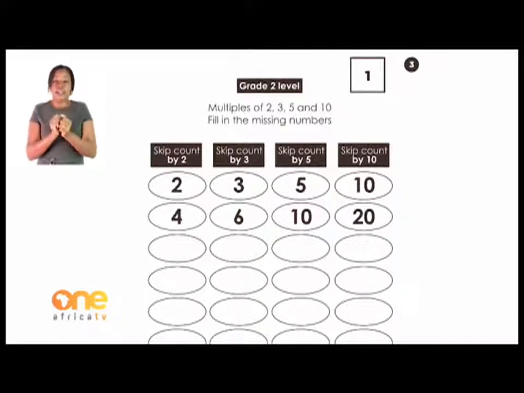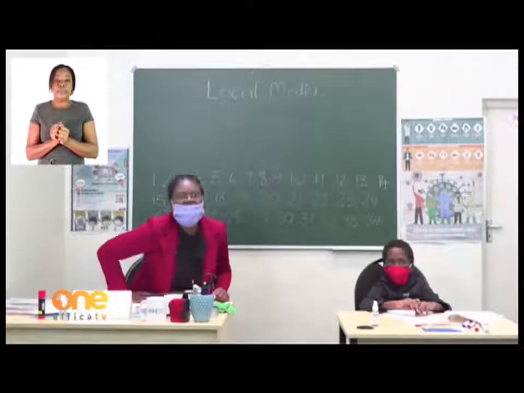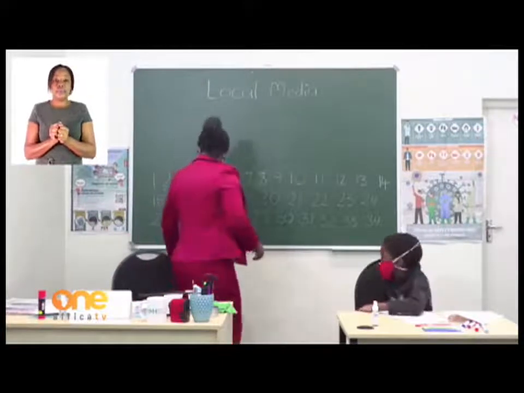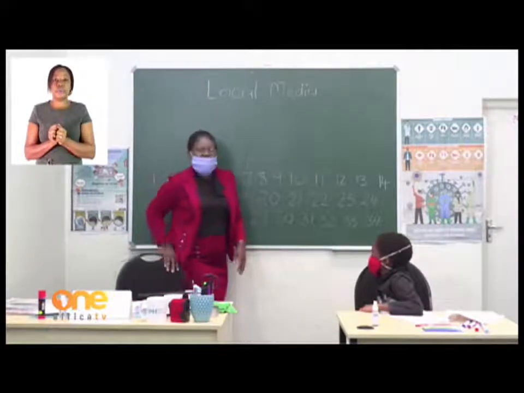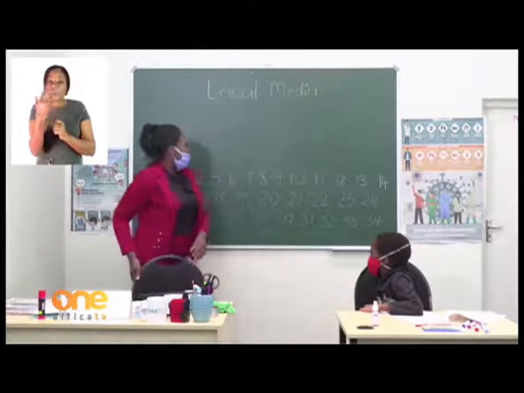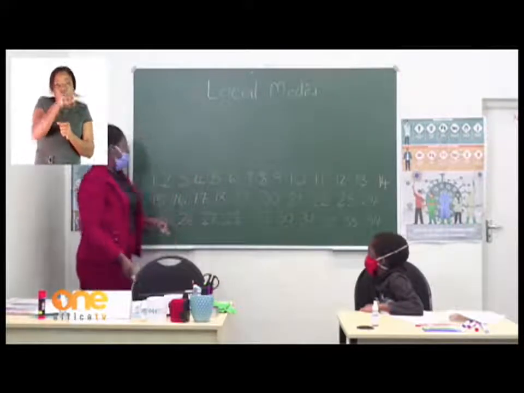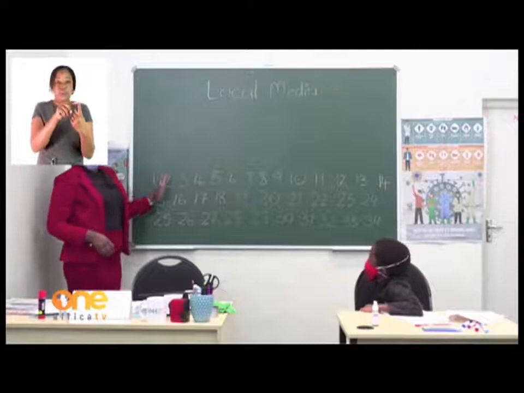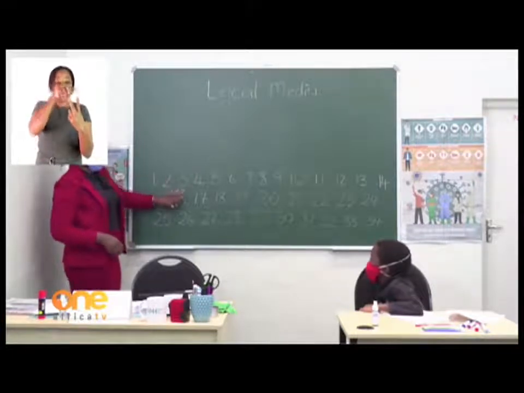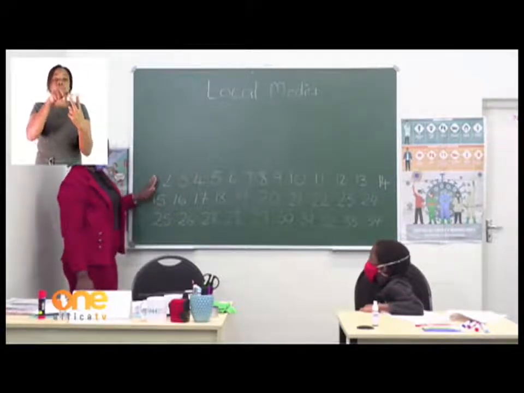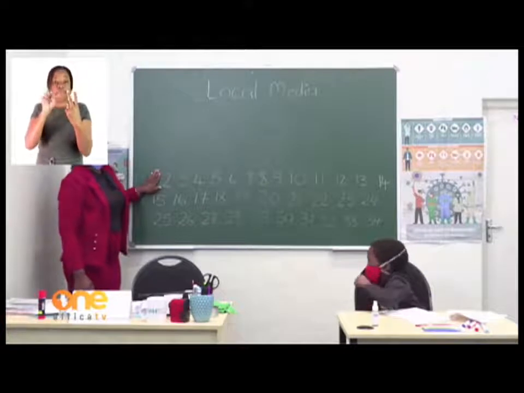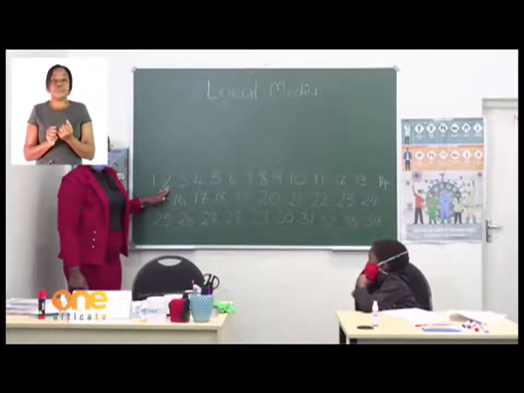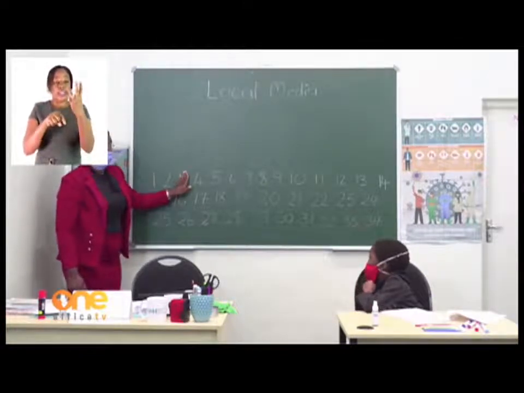Let's check on the chalkboard. How do we count when we are counting in 2? If I am to count in 2, I skip one number. And I will always count the next number. So if I'm counting in 2 on these numbers which are on the chalkboard, I skip the first number. So I'm counting 2. I skip the third number.